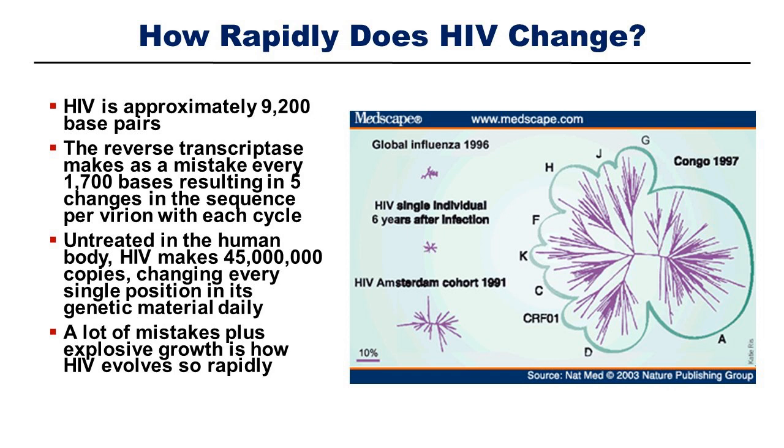So that is what we would call very rapid change. In addition, this results in a lot of mistakes, and that's one of the reasons there's so much defective nucleic acid present in people living with HIV. And this explosive growth plus the error rate leads to evolution.